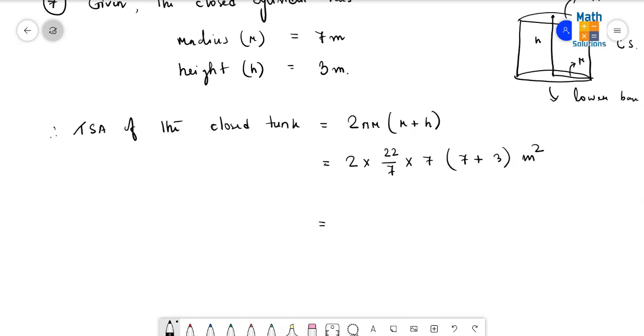So in this case, these two are getting cancelled. So 44 into 10 meter square, the result will come as 440 meter square. So this is the answer.